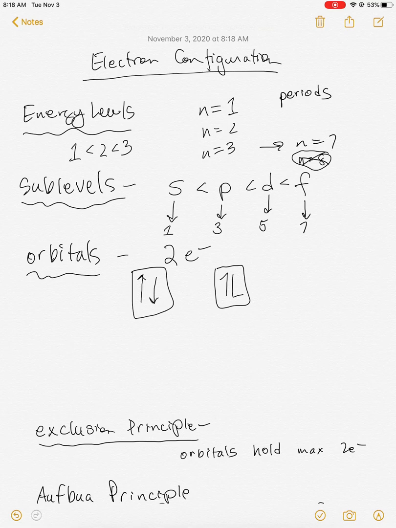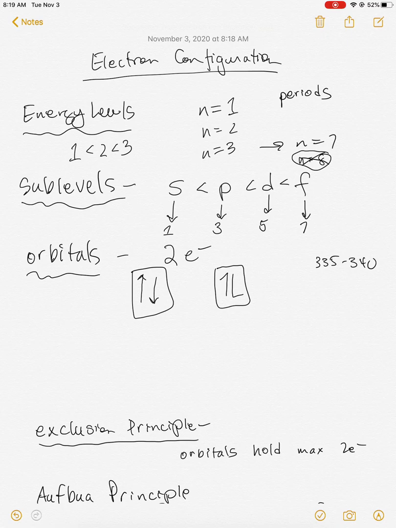You can see a lot of that information in your textbook, somewhere around page 335 to 340. Your book uses some things called quantum numbers, but we are not going to use those. We're just going to use energy levels, sublevels, and orbitals.